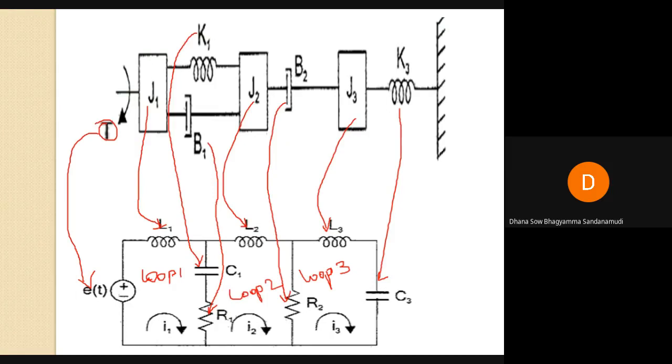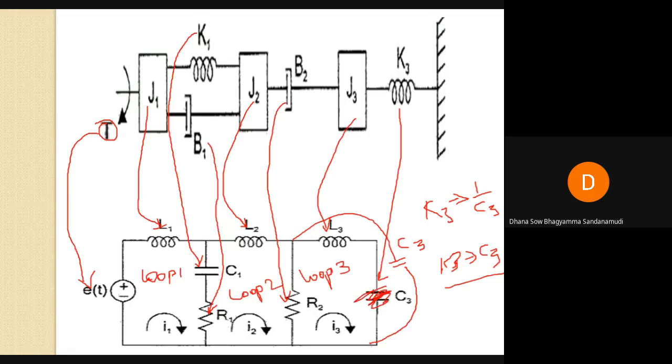If K3 were analogous to C3, I might have connected C3 parallel to L3, but that is not the case here, there is no capacitor there. If you remember that, you can solve the problems very easily.